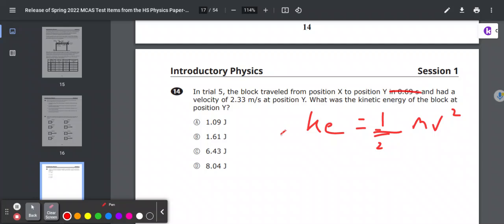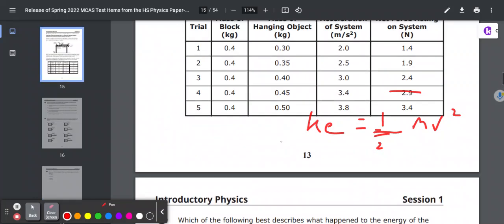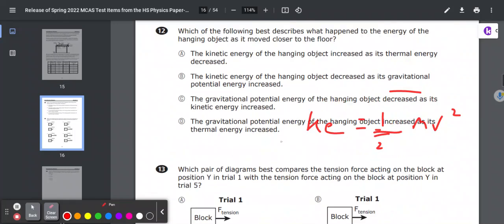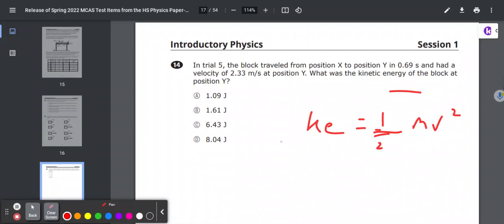We're given the velocity and the mass; the block has a mass of 0.4 kilograms. If we plug in, 0.5 times 0.4 times 2.33 squared, we get 1.09, which should be answer choice A here. And it's measured in joules because it's energy.